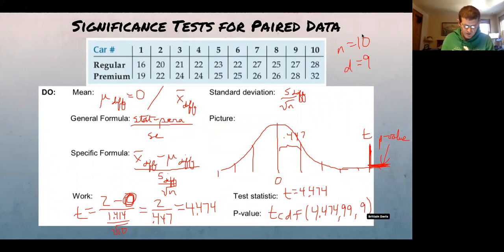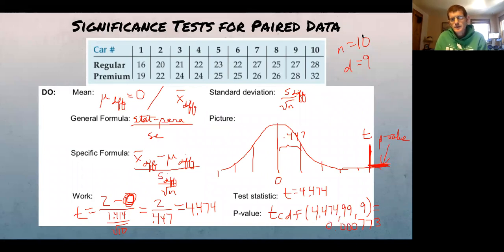And there it is. We can calculate that. I got 0.000773.